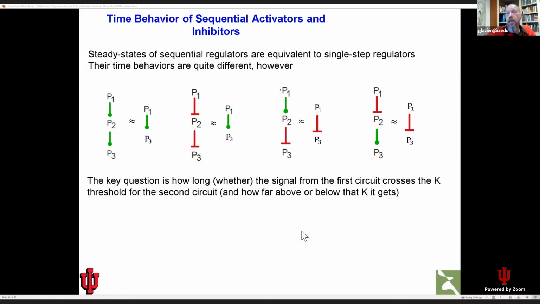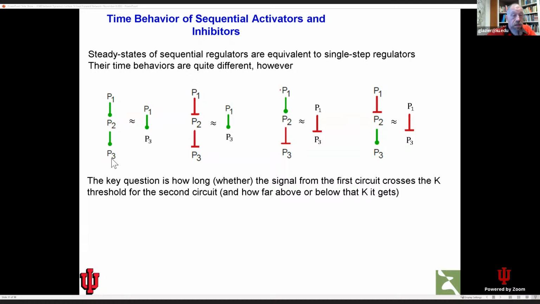And now we want to talk about the time behavior. The time behavior is a little bit different because what we care about is when does P2 cross the K for P2 to P3. P1 is a fixed value, so we don't have a time behavior, but P2 is changing in time. And so what we'll see is if we turn P1 on, P2 will increase.